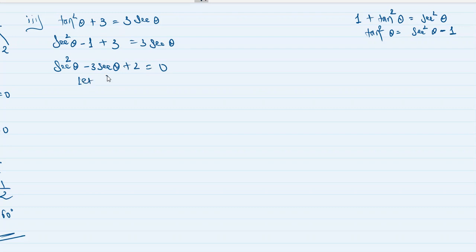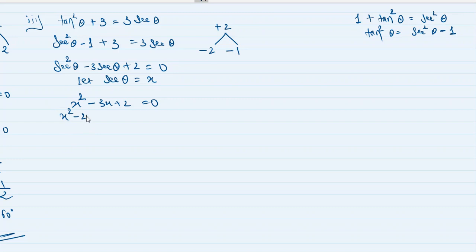So let sec theta is equal to x. So x square minus 3x plus 2 is equal to 0. Let's do splitting the middle term. The splitting of plus 2 will be 2 ones are 2, minus 2 minus 1. Minus 2 multiplied by minus 1 is plus 2, and minus 2 minus 1 is minus 3.